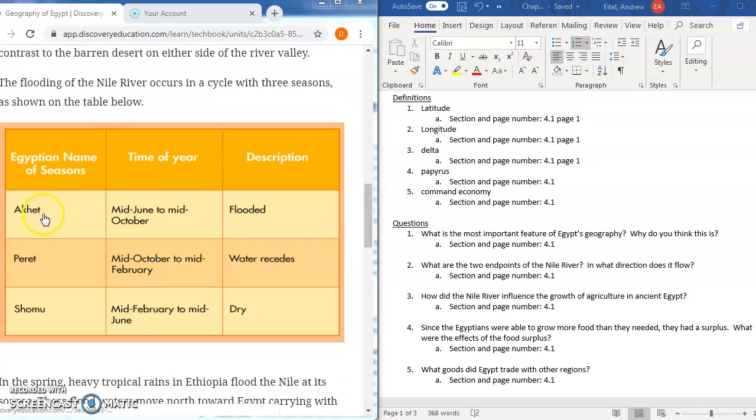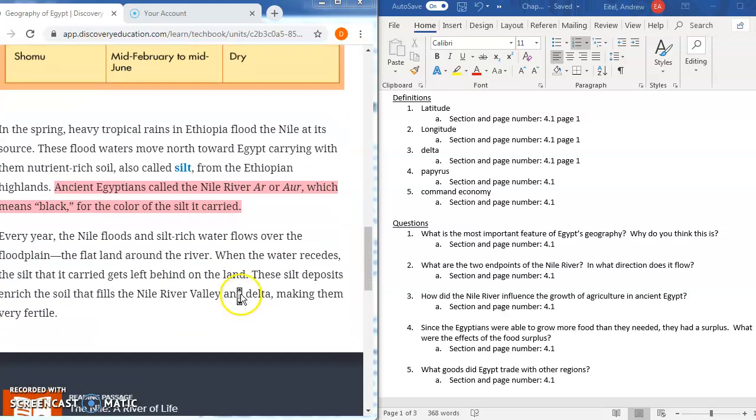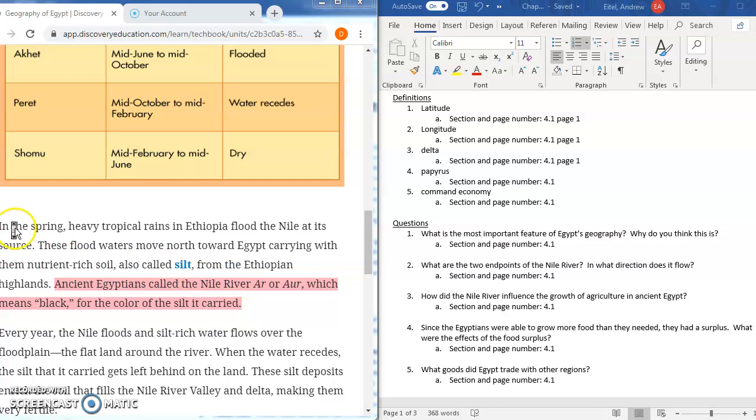So, Ahet is mid-June to mid-October, everything's flooded. Peret, mid-October to mid-February, water recedes, which means it goes away. Shomu, mid-February to mid-June, everything is dry. So, in the spring, heavy tropical rains in Ethiopia flood the Nile at its source.